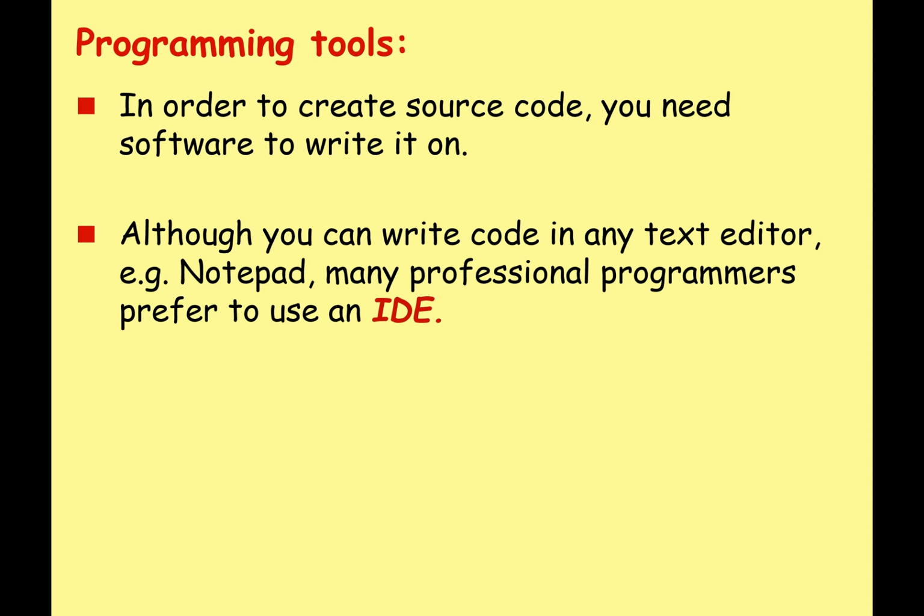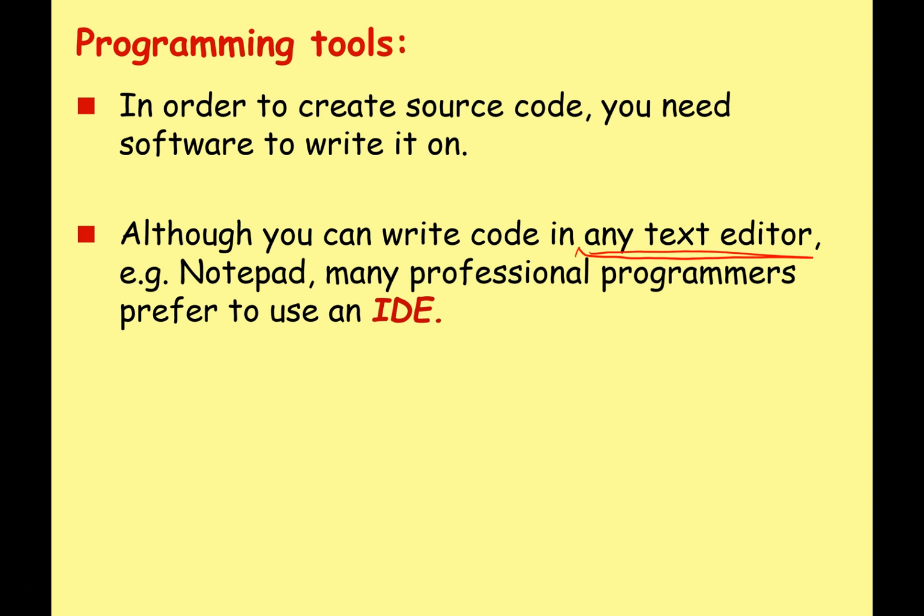Programming tools. In order to create source code, you need software to write it on. This doesn't matter if you're working in C#, C++, Java, any sort of programming language, you need somewhere to write your code. You can, in fact, just use any text editor.